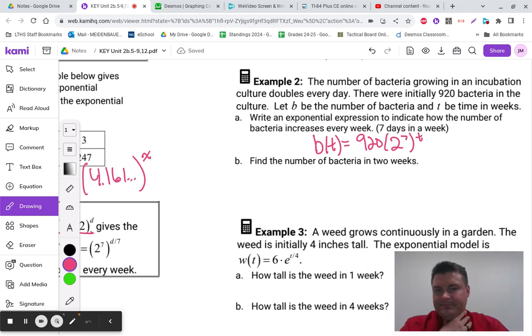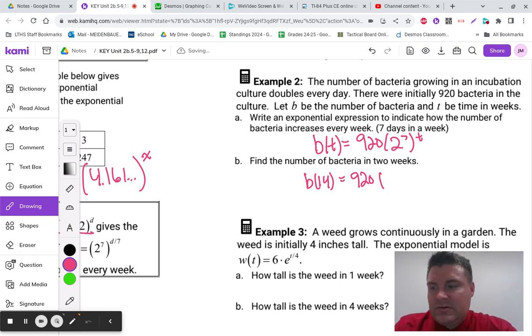All to the t. Find the number of bacteria in the first 2 weeks. So I'm going to do 14 because I'm doing days now. This is represented by days. Equals 920 times... wait, hold on. I'm not thinking right. It's not 14.